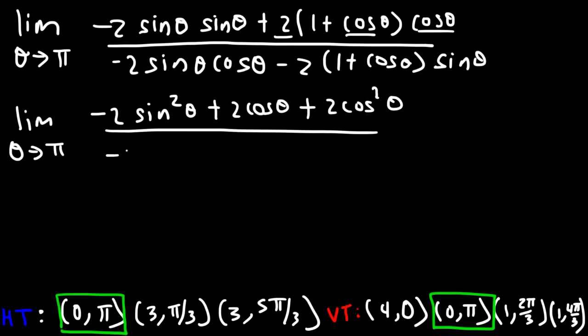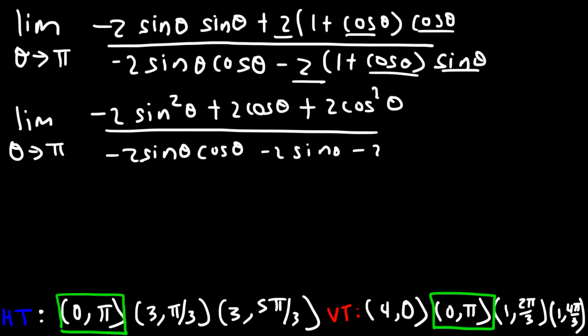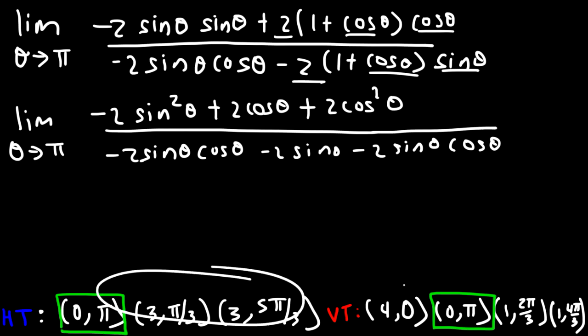On the bottom, we're going to have negative 2 sine theta cosine theta, and then negative 2 sine theta times 1, that's negative 2 sine theta, and then times cosine, that's negative 2 sine theta cosine theta. Now keep in mind, we already simplified this expression when getting these answers. I'm just going to put it in a certain form.